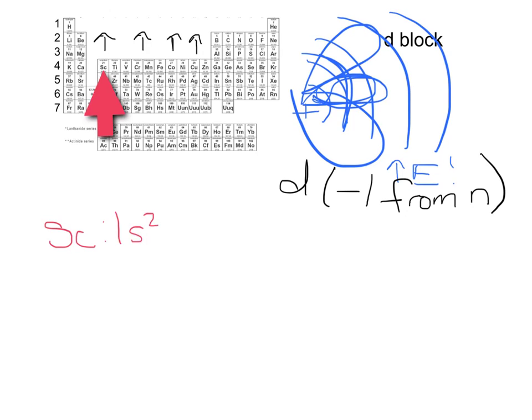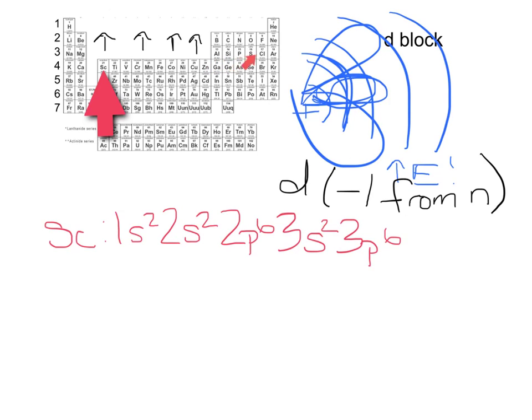Now I'm in the second row. I have 2s2. Then I have 2p6. Now I'm in the third row. 3s2. Now keep going in the third. 3p6. Now I just finished 3p6. Now I'm at 4s2.